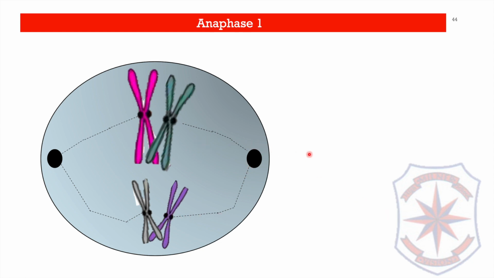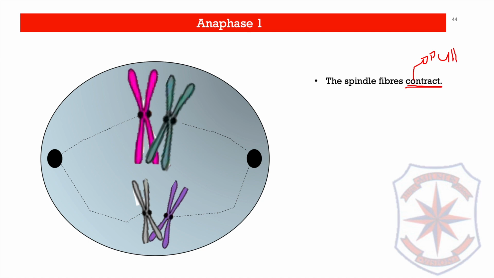Now, after that, what happens? So from the beginning of anaphase 1, the spindle fibers are going to contract. Now, the word contract sounds difficult, but it just means that these spindle fibers pull. So contract just means pulling.